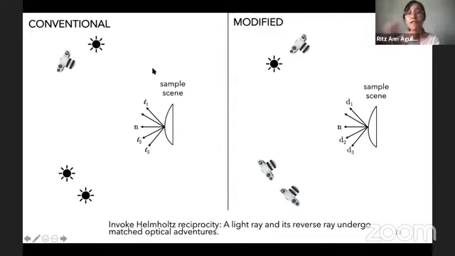For a modified version of this photometric stereo system, you invoke Helmholtz reciprocity, which tells you that a light ray and its reverse ray undergo matched optical adventures.